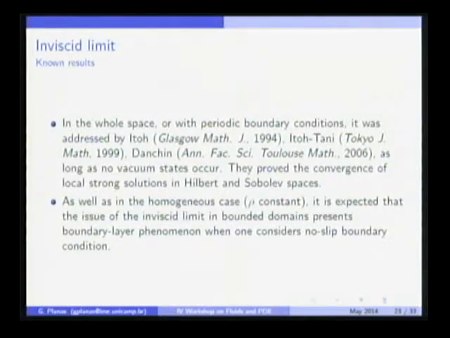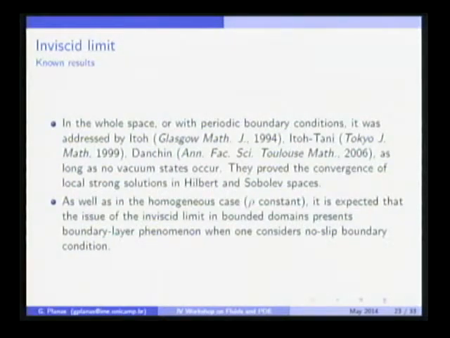So if we now consider a bounded domain, we expect the same problem as in the homogeneous case. The boundary layer phenomenon could happen, so we do not put a no-slip boundary condition.